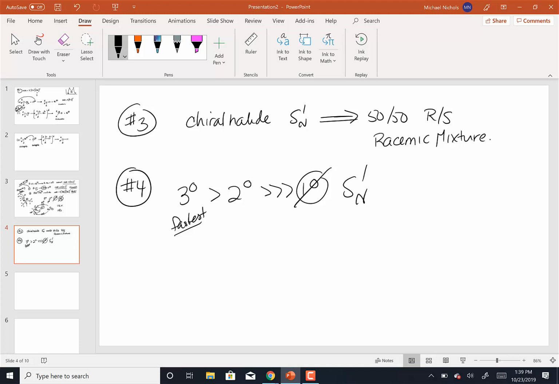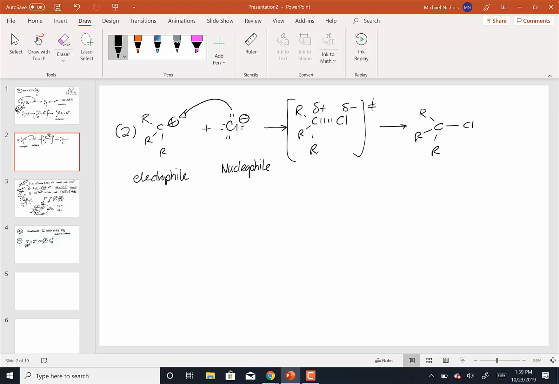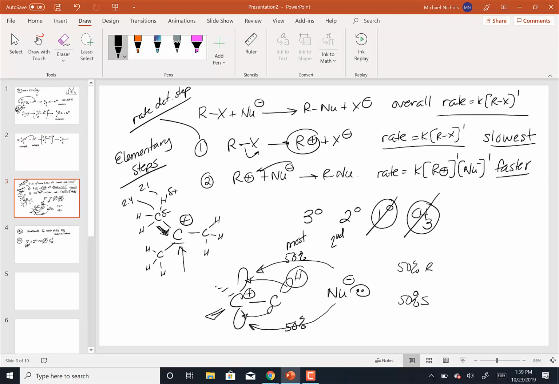The rate determining step of the mechanism, right? Our rate determining step that we showed up here, which is not that one, which is this one, that rate determining step is the slow step of the reaction.